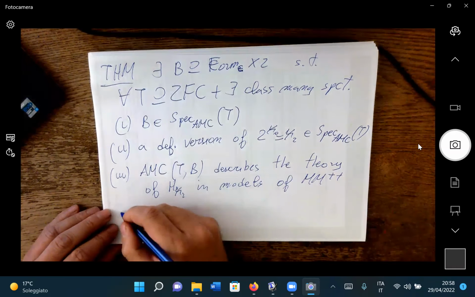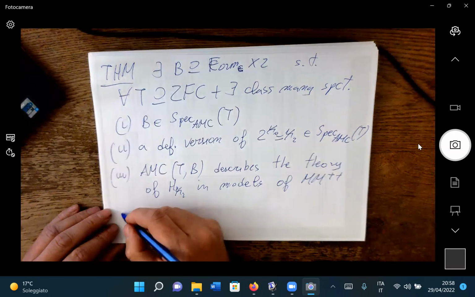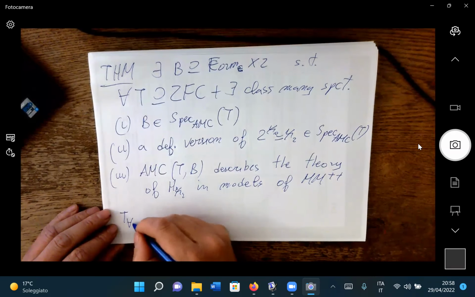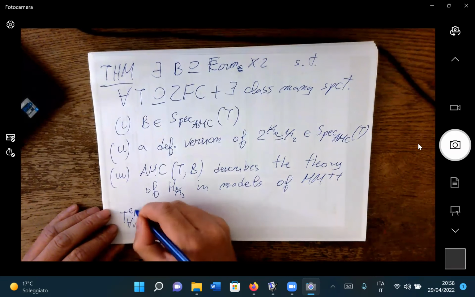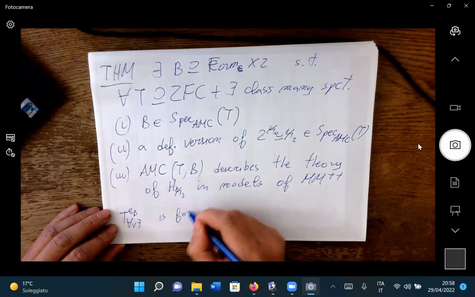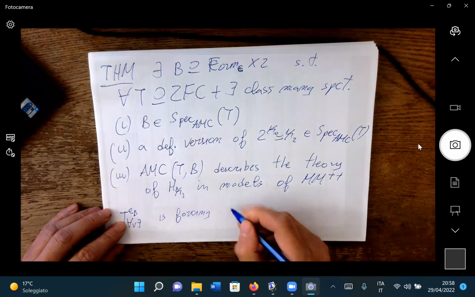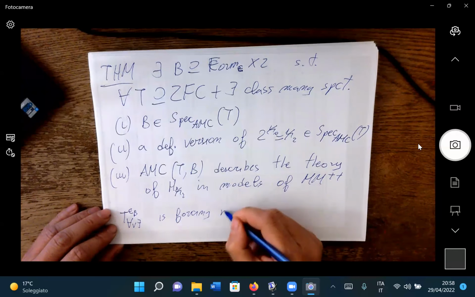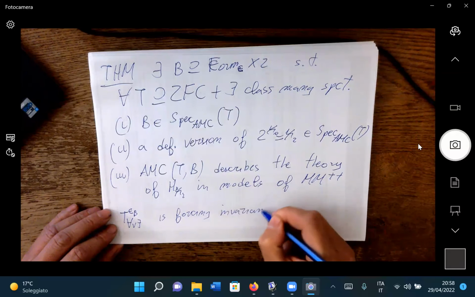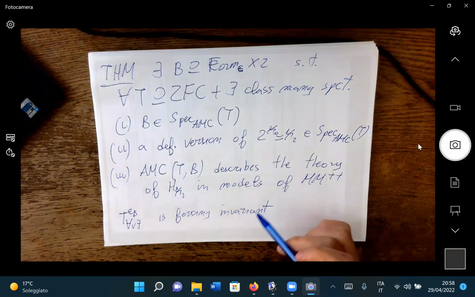Okay, and we also have that for all T, epsilon B is forcing invariant. You cannot change the universal fragment of set theory as axiomatized in this signature using forcing. You can change the pi2 sentences, but not the pi1 sentences.